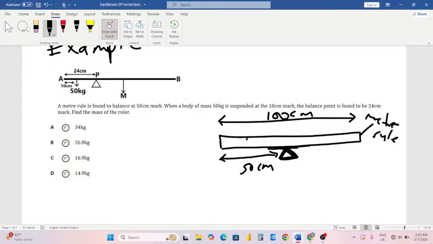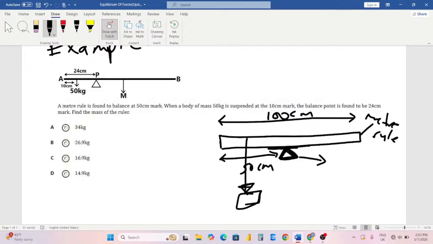But once they add a mass to it, this point where it is pivoted will have to change, because now the ruler is no longer weighing just its original weight. It will be weighing in addition to whatever you've added to it.